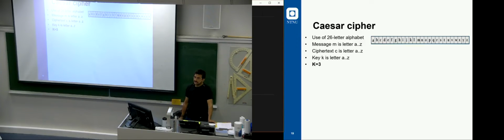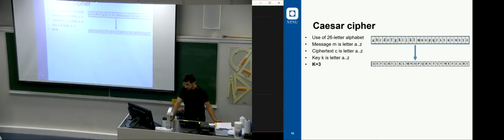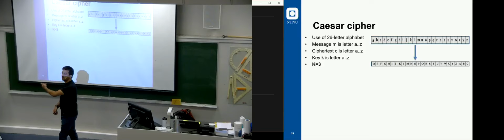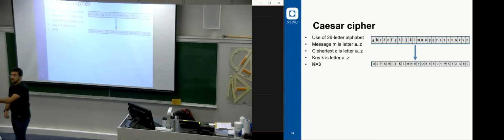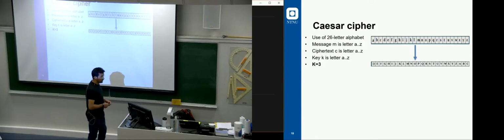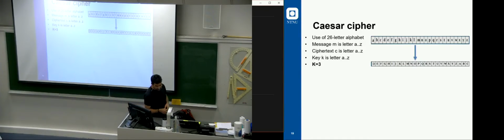For Caesar cipher, he said that K is 3. That means every letter from the plain text is shifted 3 places. Okay? For example, A will be converted to D, B will be converted to E, and likewise other alphabets. Clear till now?